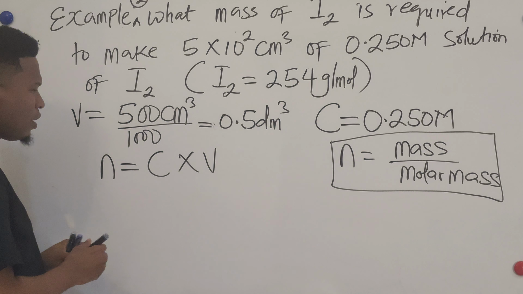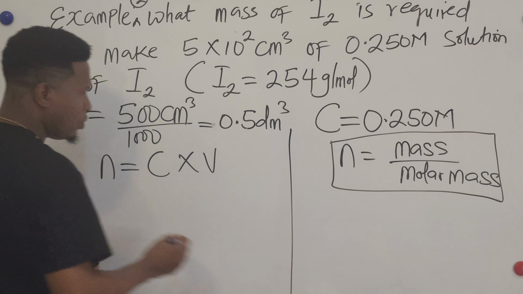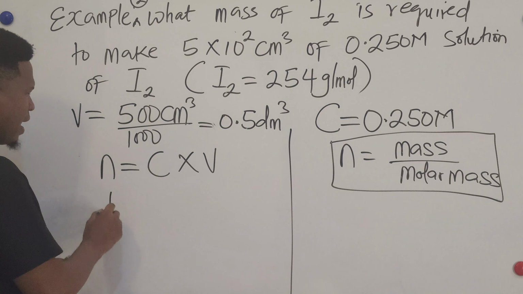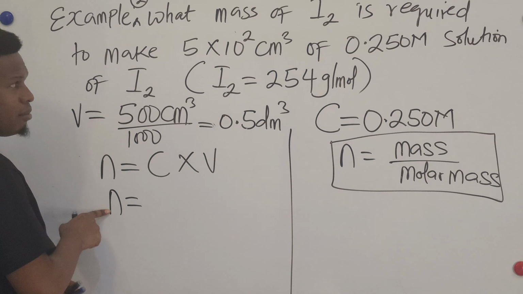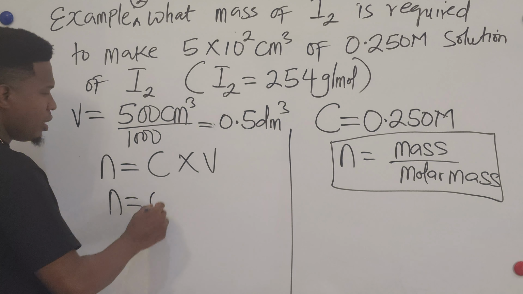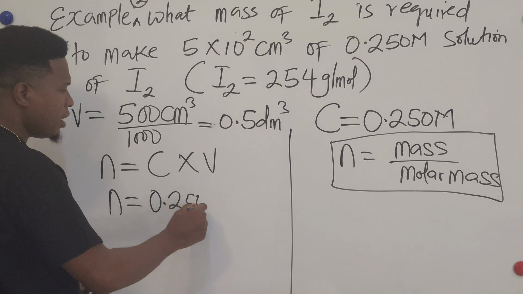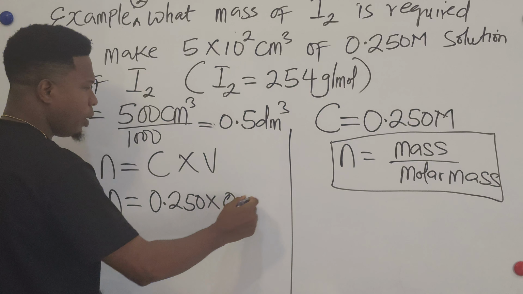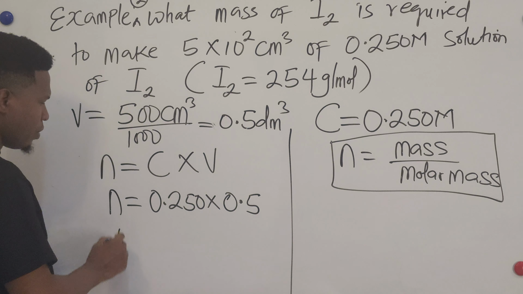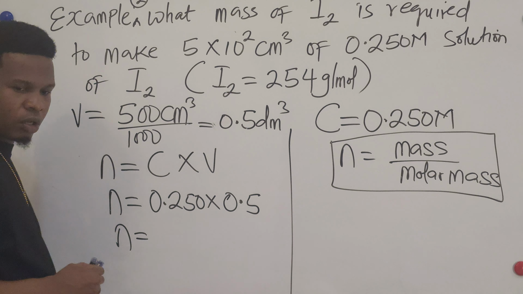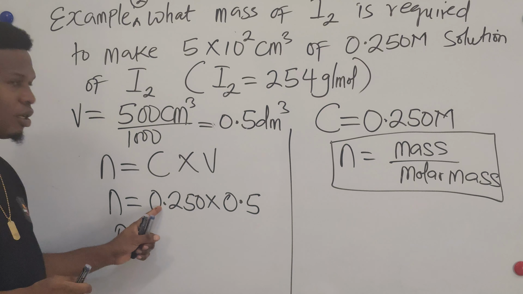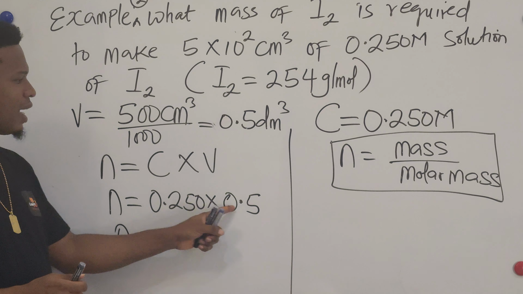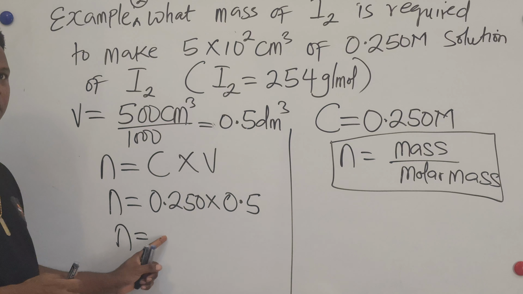Okay? So let's quickly solve. I can divide the board into 2. So we have that n is equal to, remember that n still remains the number of moles, 0.250 times the volume, 0.5. So n will be equal to, multiply these two things, 0.250 times 0.5.